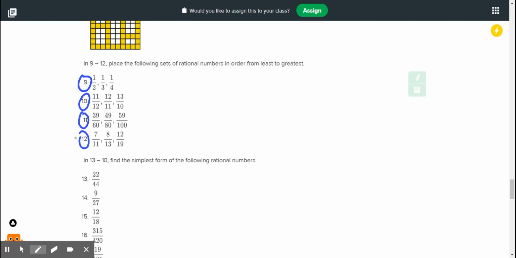For 9, 10, 11, 12, you're going to place the sets of rational numbers in order from least, the smallest, to the greatest. The easiest way to do this, again, is to convert each of those fractions into decimals.